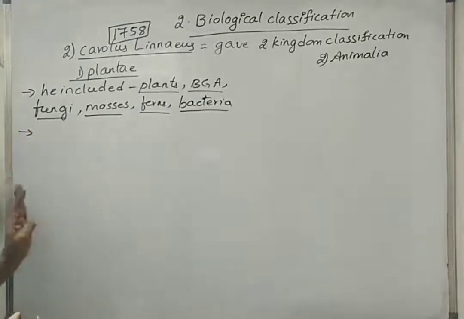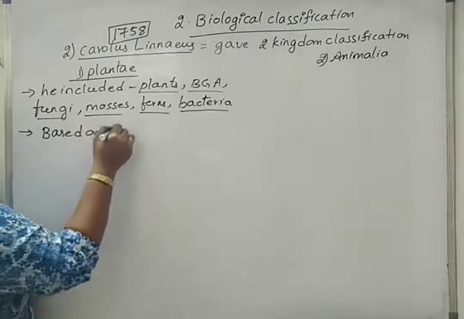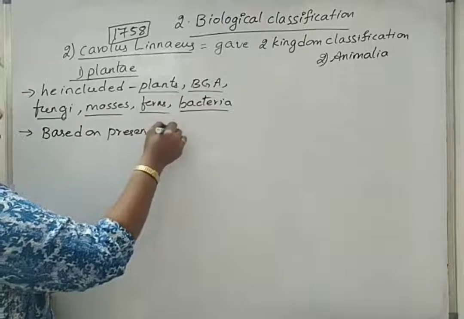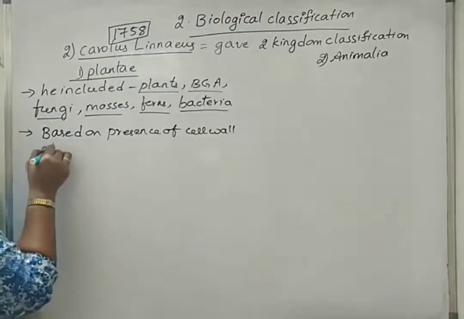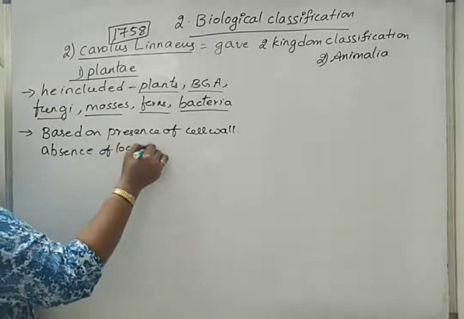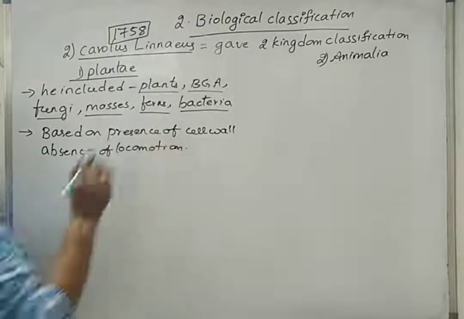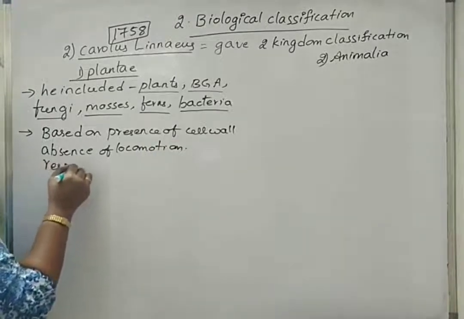He placed all these types of organisms based on presence of cell wall, absence of locomotion, and response to external stimuli.